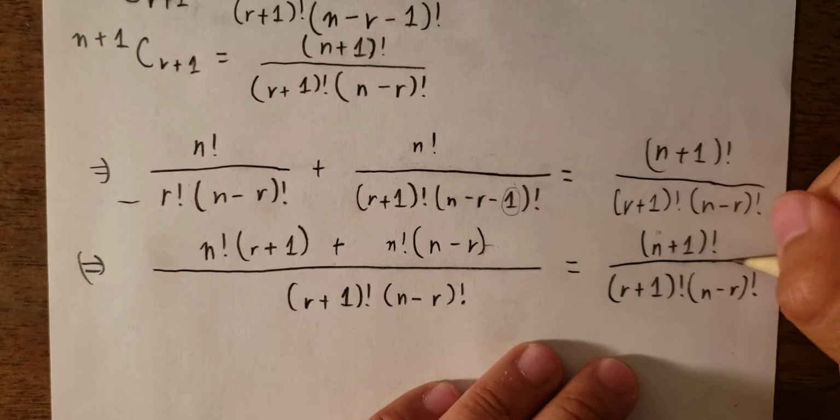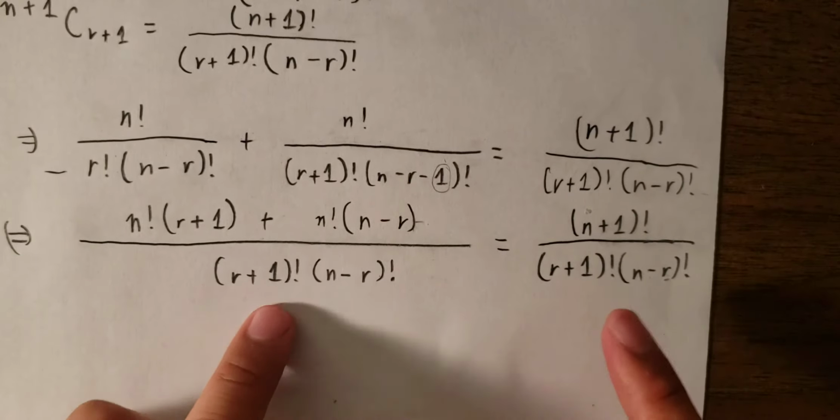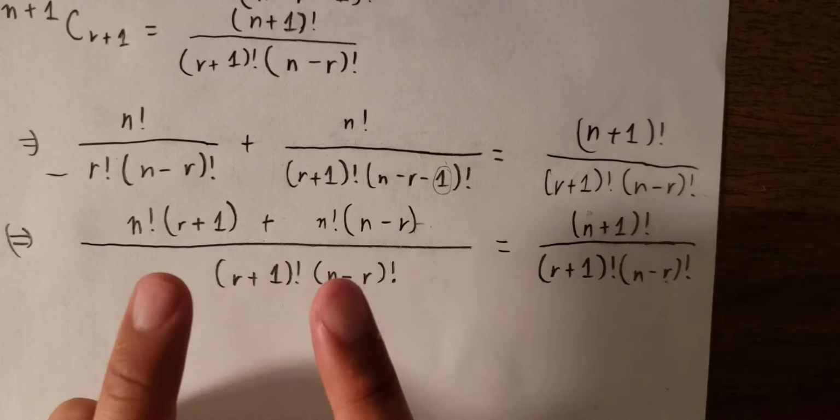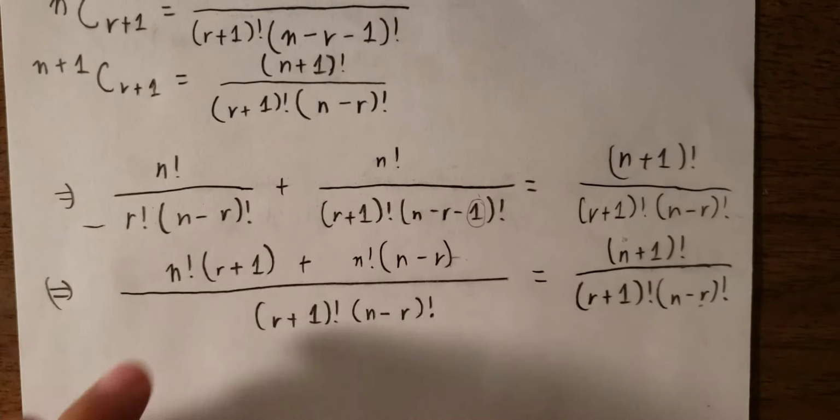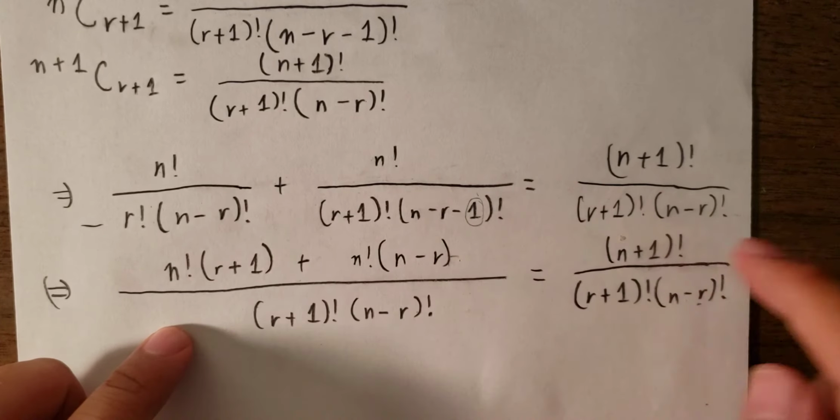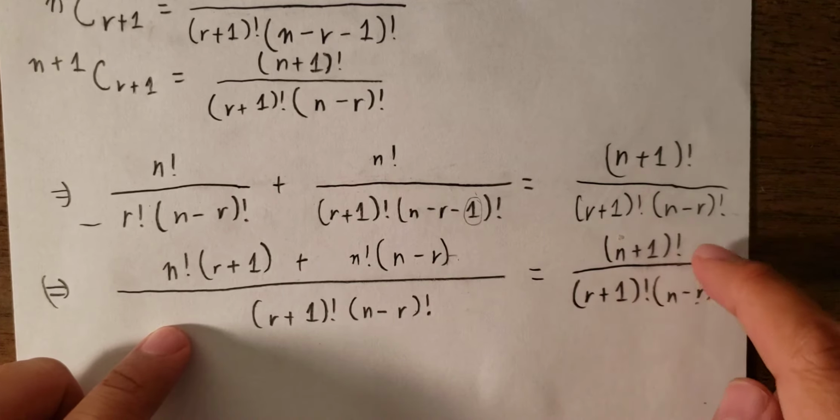So now you can see that on the left and on the right they have the same common denominator here. So now we will convert this one to become (n plus 1) factorial here.